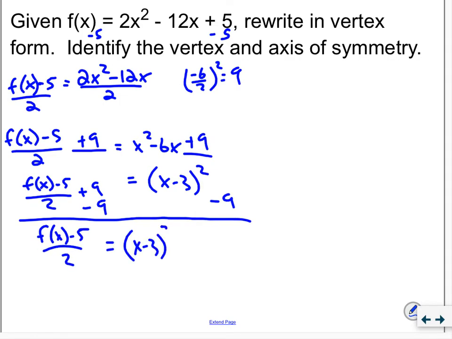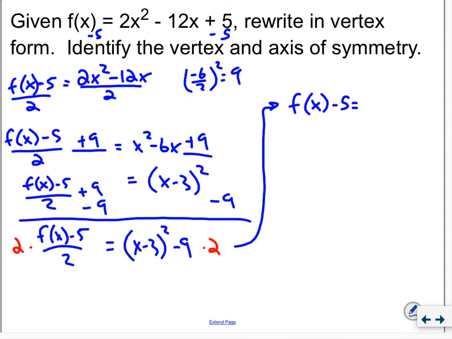It looks kind of crazy, doesn't it? It's okay, though. Let's now multiply both sides by 2. And again, we're going to multiply everything by 2. So f of x minus 5 now, let's multiply everything by 2.